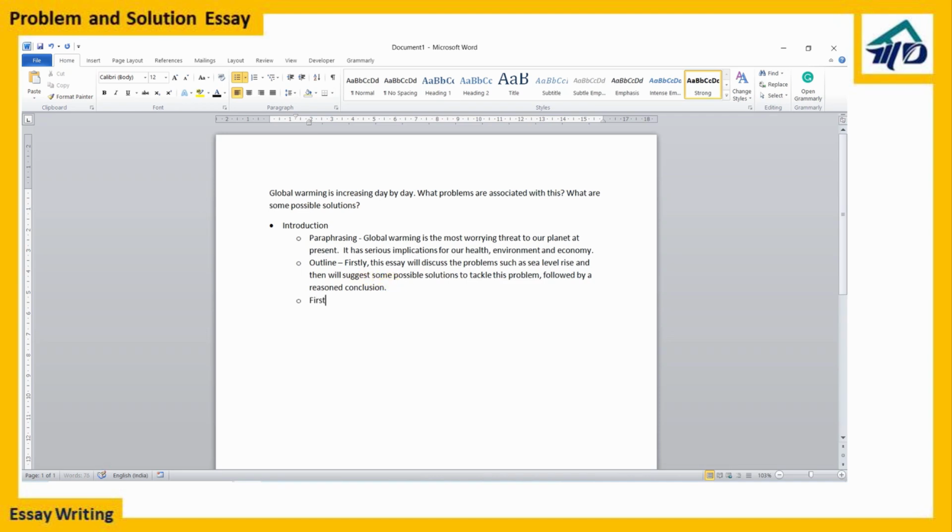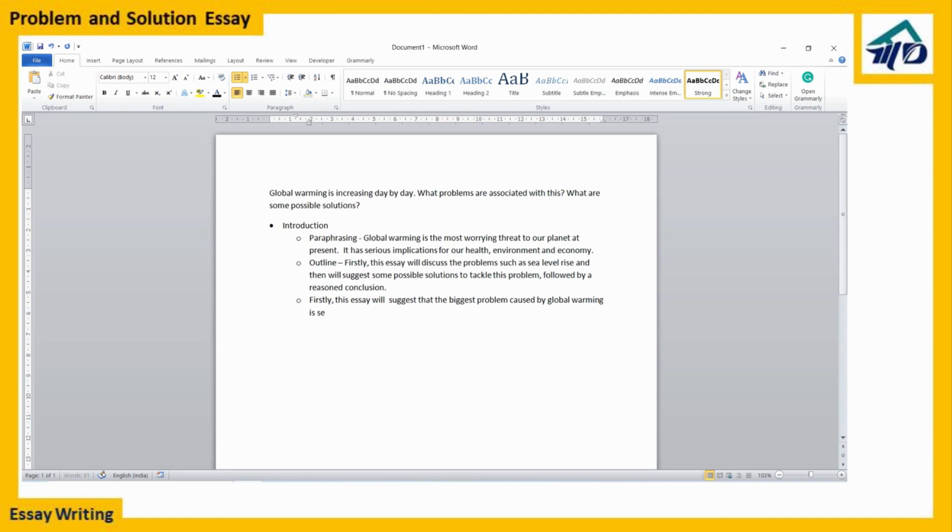How? I will say, firstly, this essay will suggest that the biggest problem caused by global warming is sea level rise. So what will happen because of increasing sea level? If a city is underwater, people have to migrate.